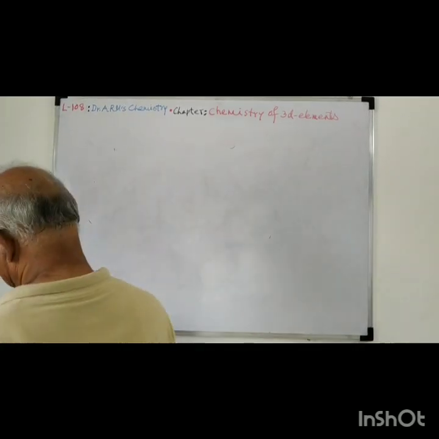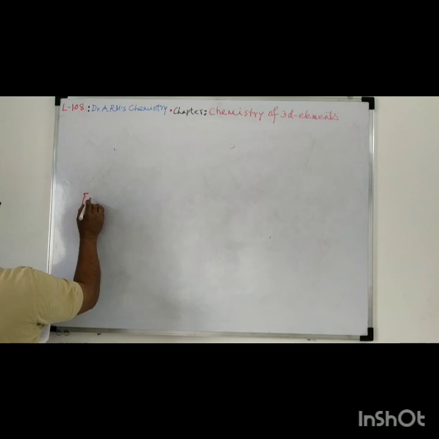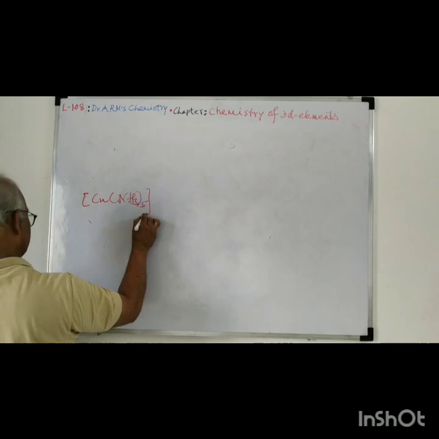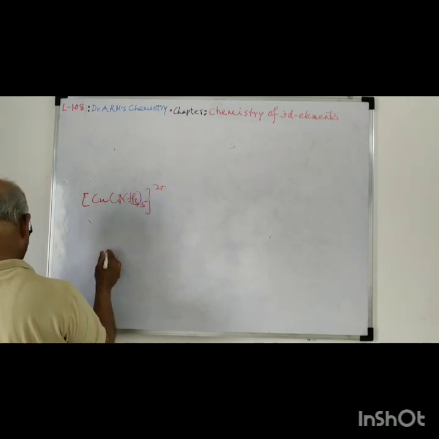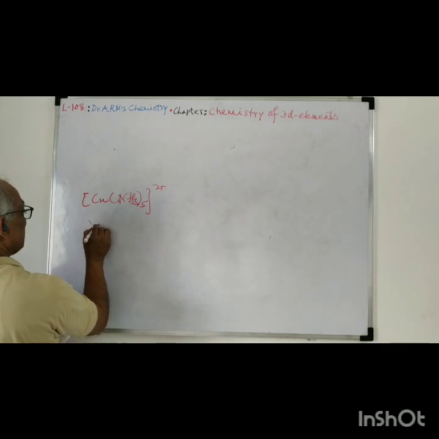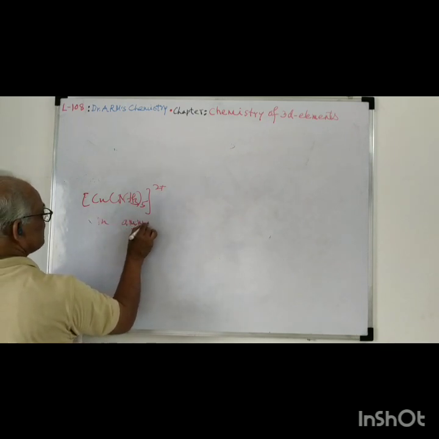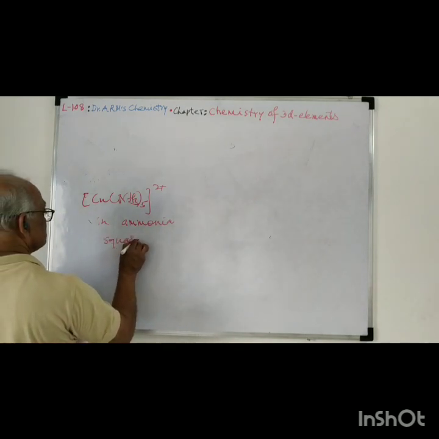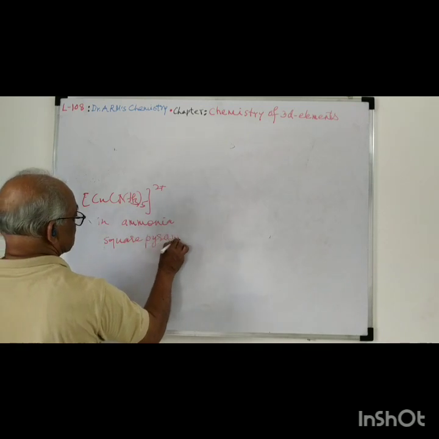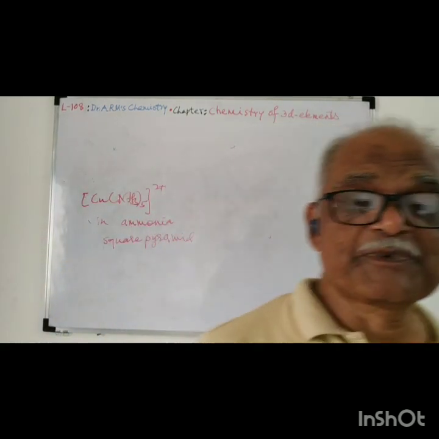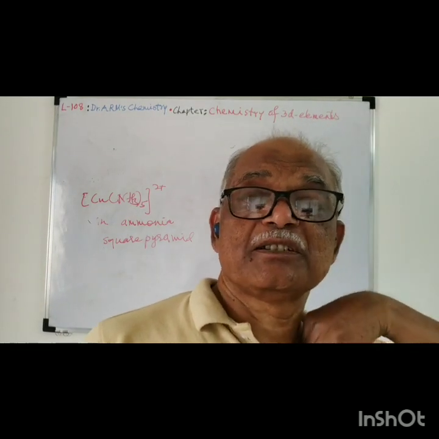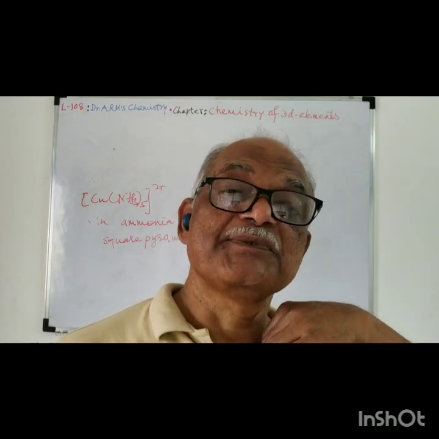For example, we can have another example, that is Cu(NH3)5 2 plus. This is square pyramid in ammonia. So it is square pyramid. As we have seen earlier, the structure of square pyramid is understood very easily. So this is about the coordination number 4 and coordination number 5.